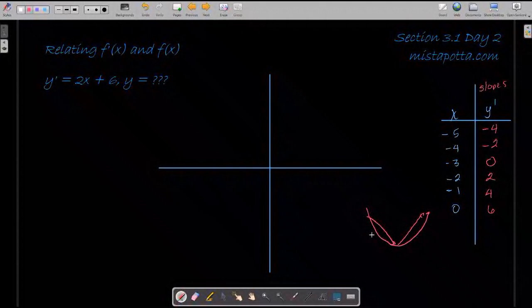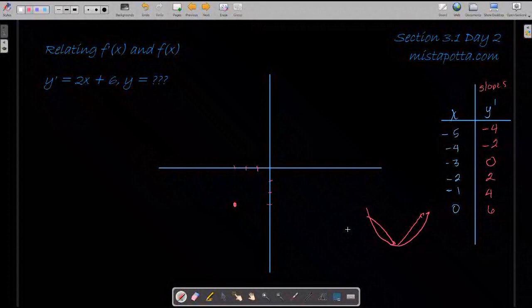So once I say that my graph passes through the point, say, negative 3, negative 3, once I know that my graph passes through a point, this really is the lowest point of my graph, because before this I'm decreasing. After this I'm increasing.